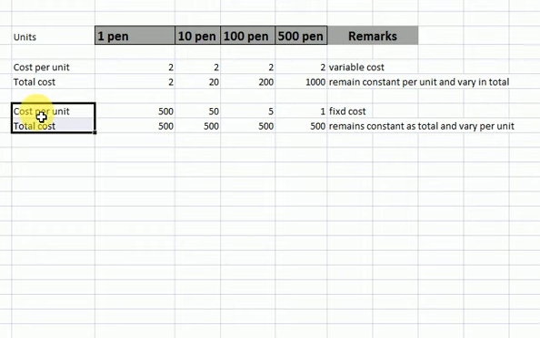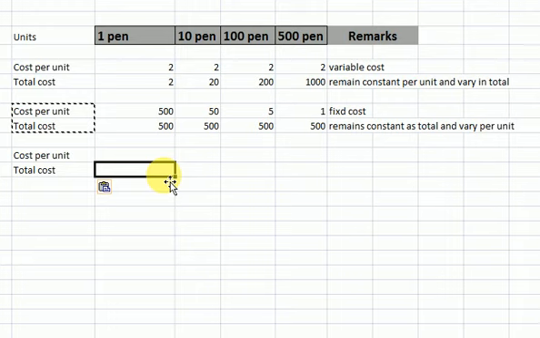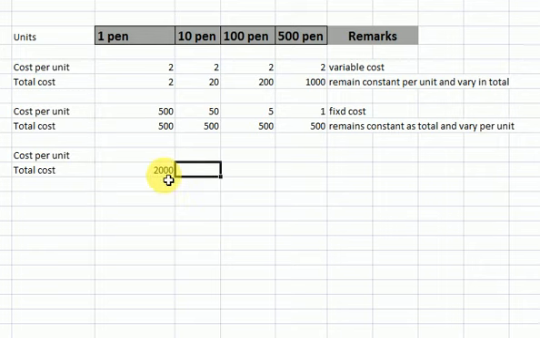I am copying this again. If my total cost here is, let's suppose, 2,000. Here my total cost is 4,000. Here my total cost is 6,000.